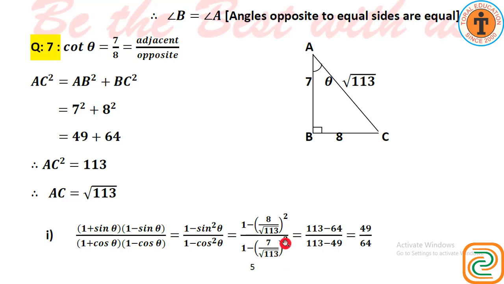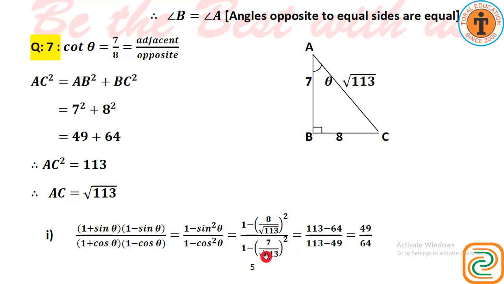If we take the square of this, it will become 64, and for the square of root 113, the root will be removed, only 113. Taking LCM 113 here, 113 minus 64.